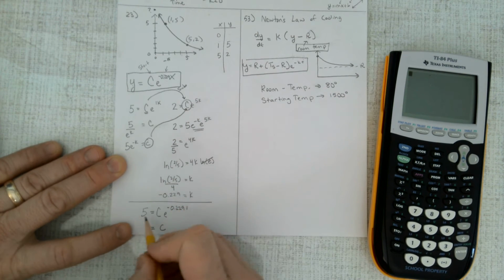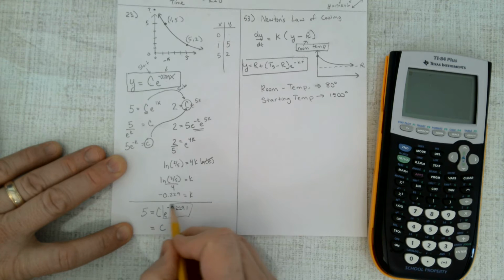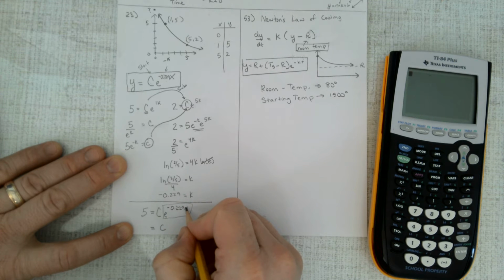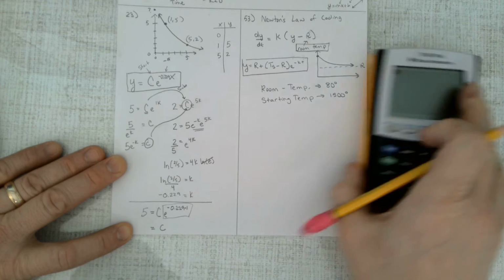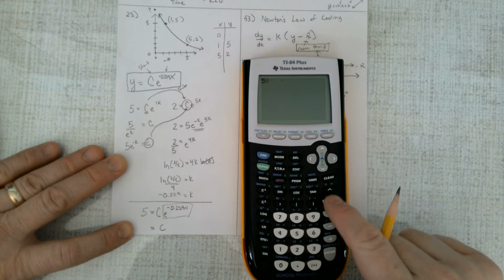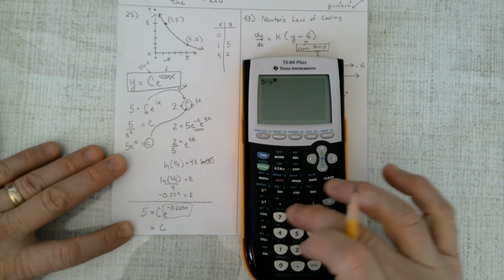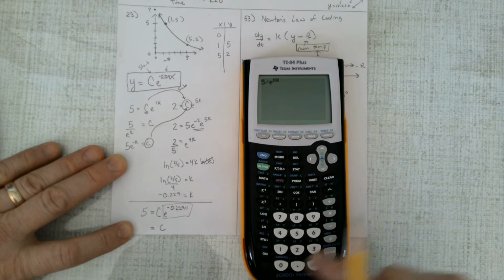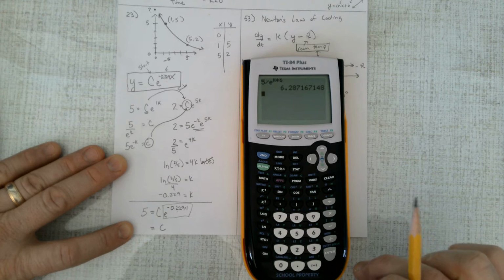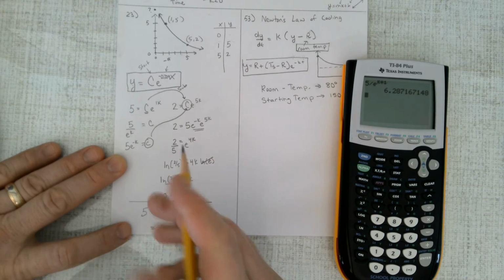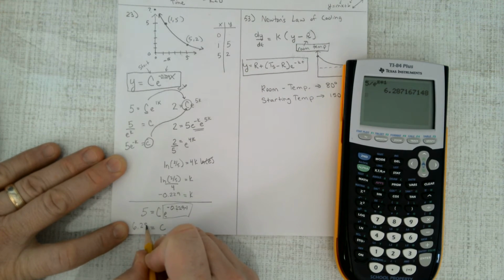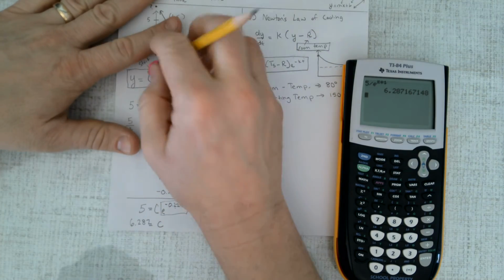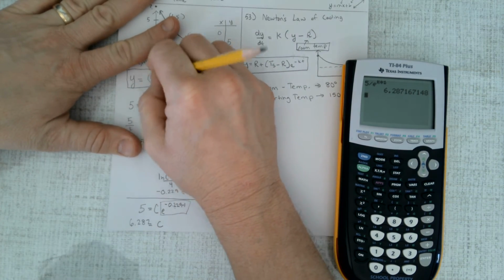To find C, all I have to do is divide this whole number over to that side. So 5 divided by e raised to k times 1, and there's my C value, 6.287.